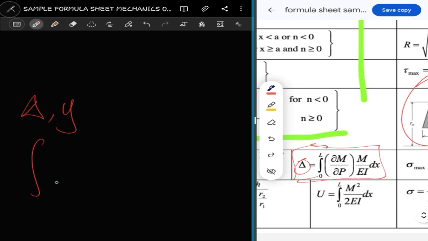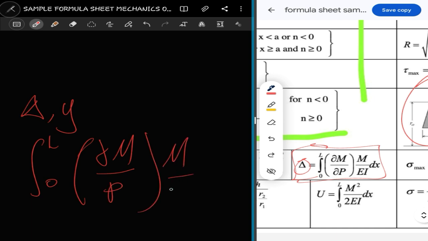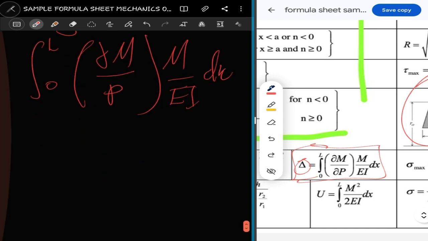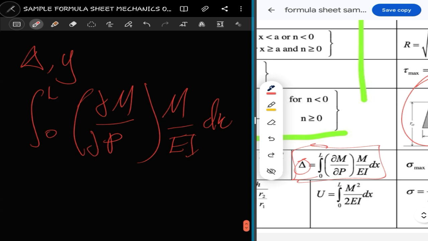For the slope, with the integration acting on the entire beam, we do the partial derivative with respect to P, right? And then we have this M over EI dx here. Yeah, partial derivative with respect to P.